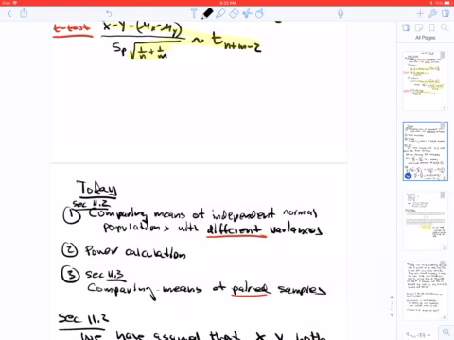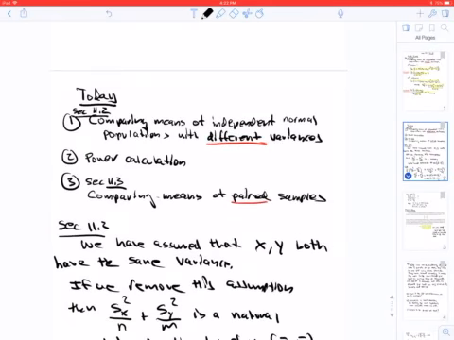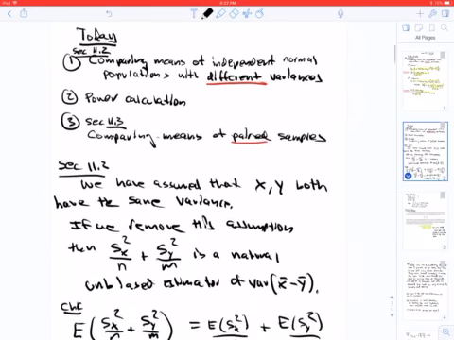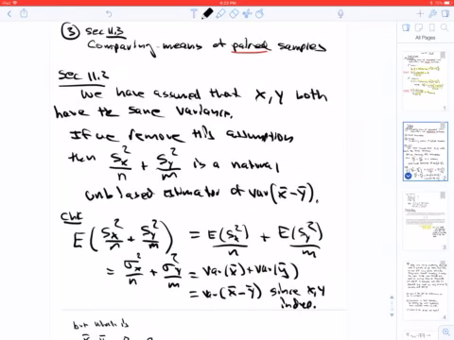That will remove that assumption, and it will be coming after the midterm. We're also going to do power calculation today and look at comparing the means of paired samples, in which case the assumption of having independent populations is removed.